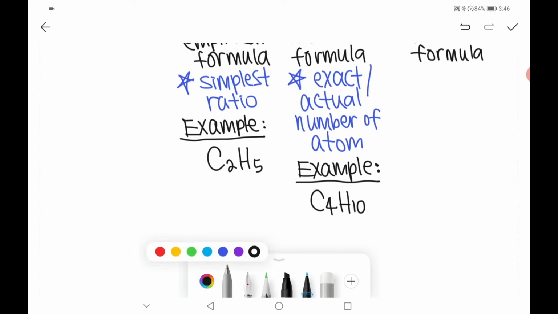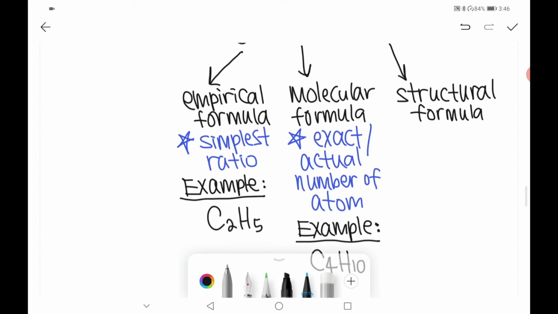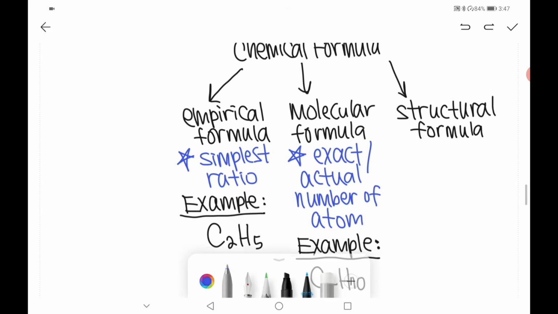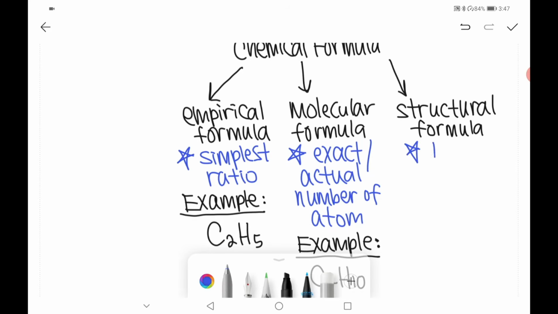Now when we come to Form 5, we will learn a whole new formula, which is our structural formula. Structural formula is a picture, a drawing, to show the structure of your carbon compound.